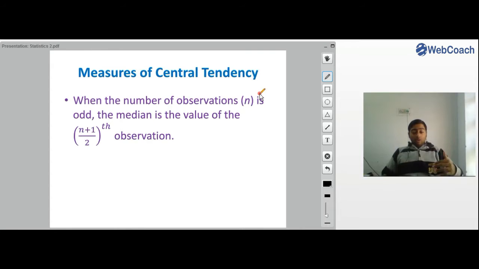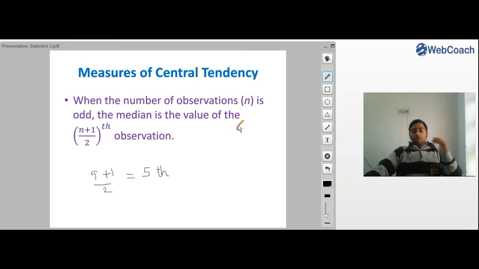And which is the term? It is the (n plus 1) by 2th term, right? For 9 observations we had (9 plus 1) by 2, which was 10 by 2 or 5.